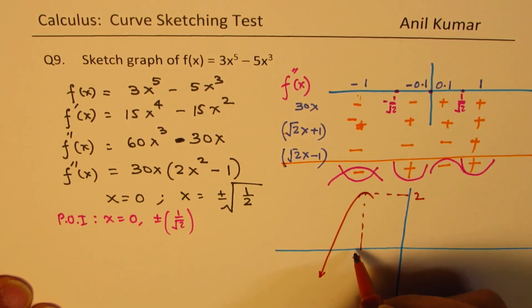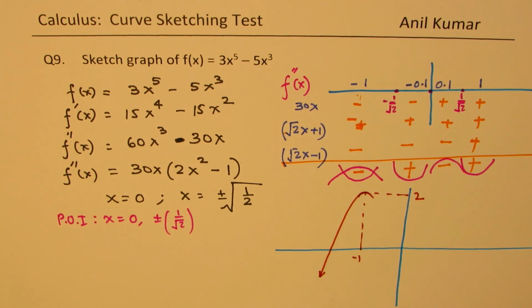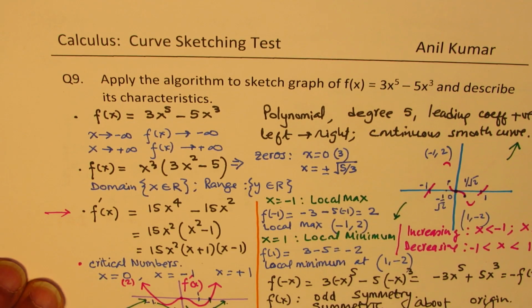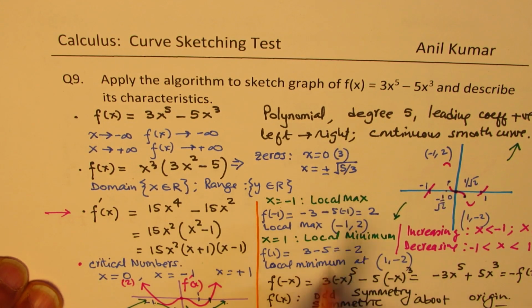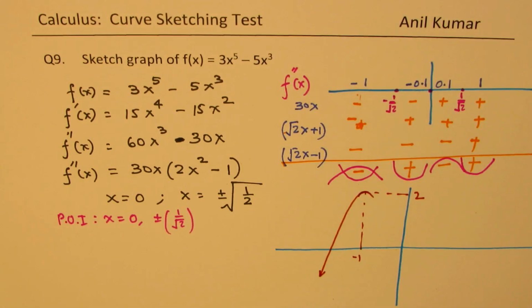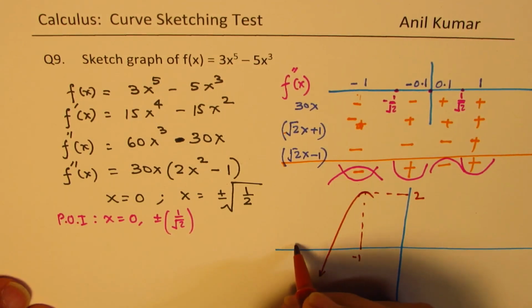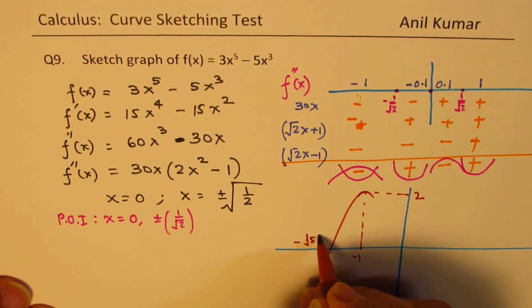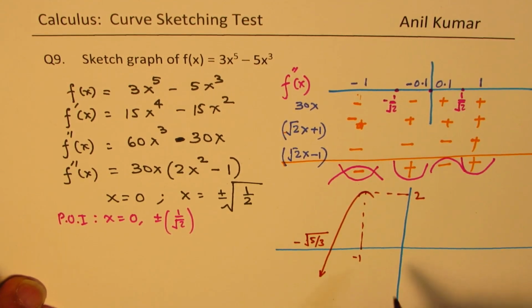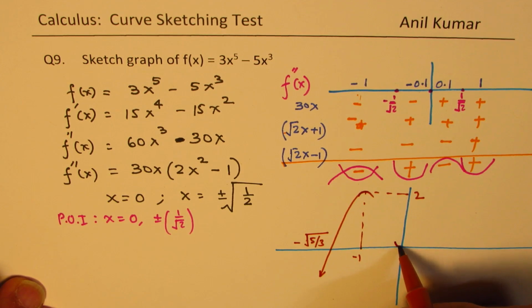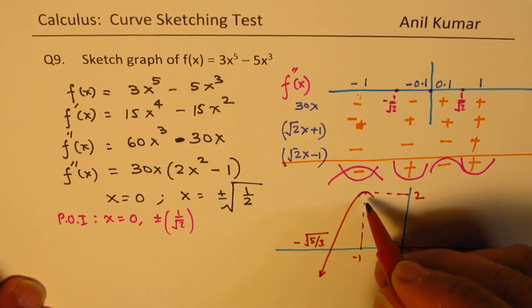The zeros we calculated, let's see, what were the zero values. So when we factored, we had zeros at 0 and plus minus square root 5 over 3, right? So square root 5 over 3. This value is negative square root 5 over 3. Okay. Now we have a point of inflection here. Okay.